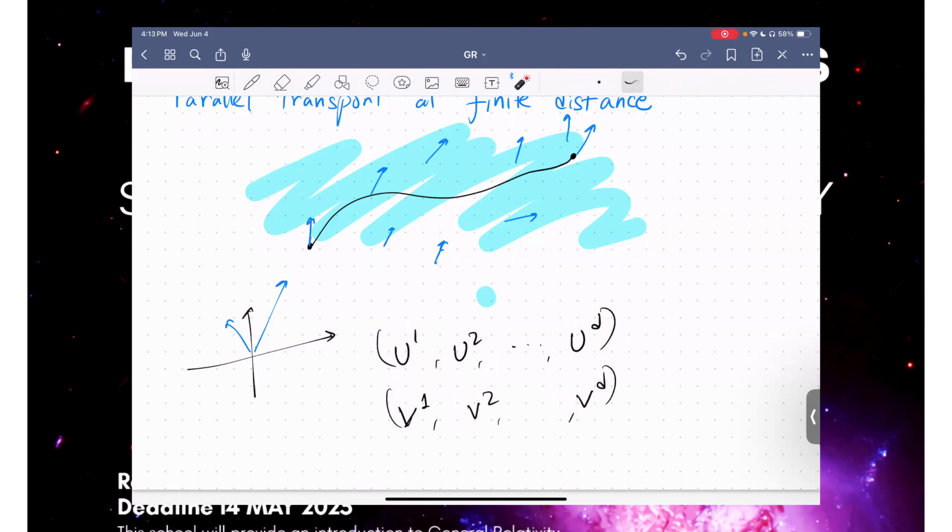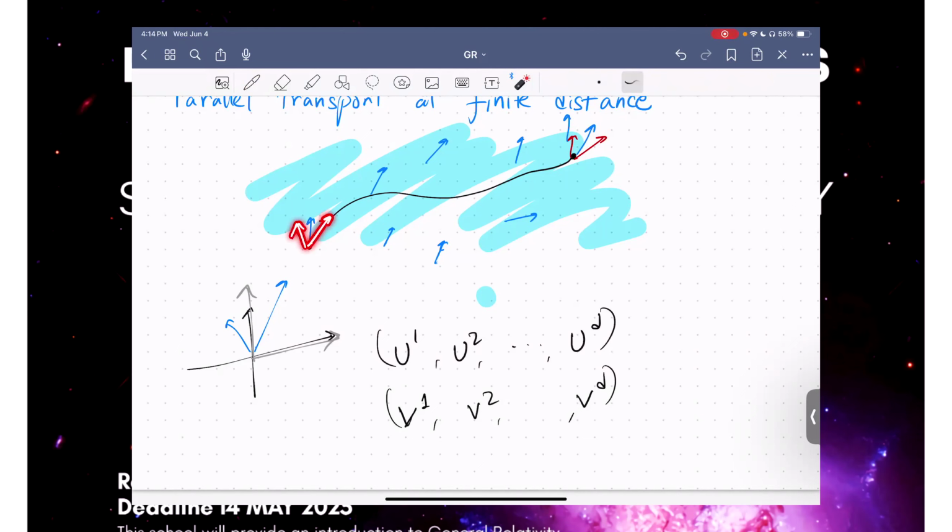Well, okay, so that's fine. But what you have to worry about now is that this vector is here and this vector is here. And there is no obvious basis for these axes, right? So it's not like there's some God-given axis here and God-given axis here and similarly here and here. And then you project this onto these two axes and you project this onto these axes and you compare their values.